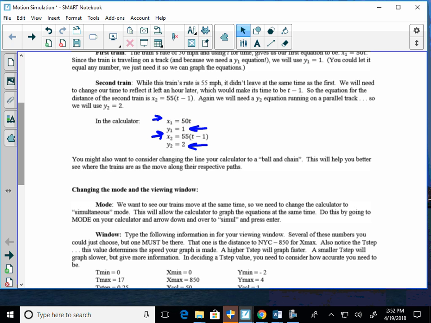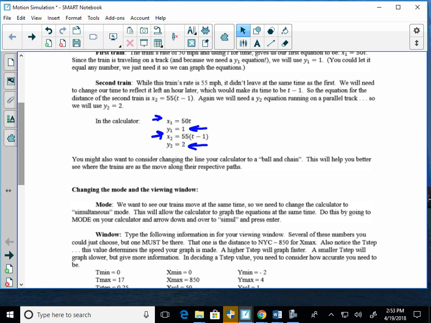Okay, x-max, how far is the train going, the 2 trains? Good, 850. Let's go by 50. Y-min, I'm going to leave it at 0, but my y sub 2, the biggest y value is 2. So let's make that 4 and go by 1s.